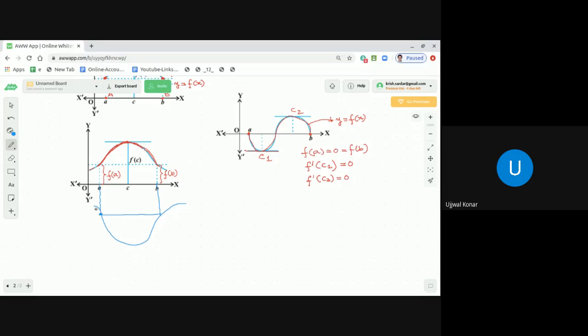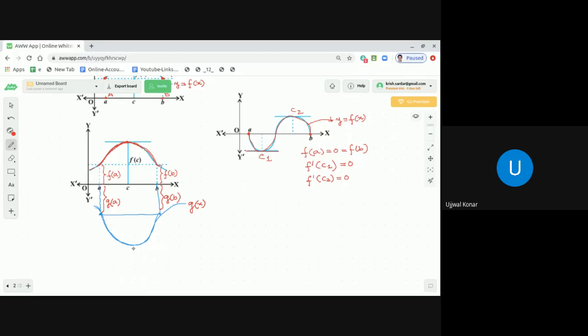So the function is coming down, and then it has to go up in order to have f(a) equal to f(b). In fact, if we consider this function as g(x), then this should be g(a) and this should be g(b). Correct, dear students?